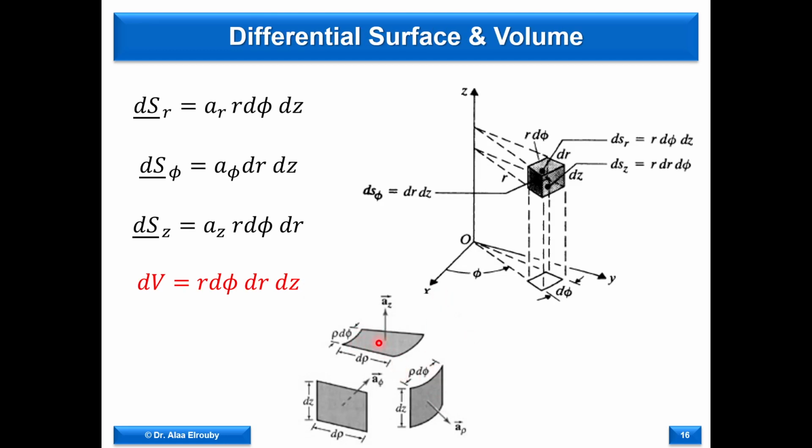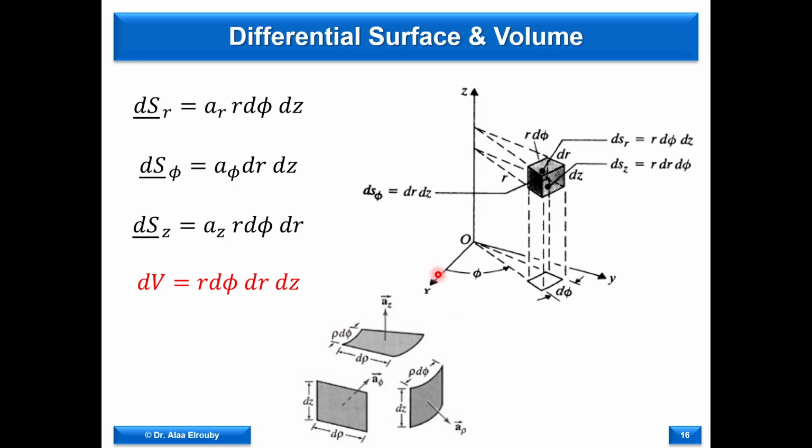If we want to describe the upper surface of this differential volume, as I said, we calculate the length of each edge and multiply the two edges. This will give us the area, and the direction is going out of the surface in the normal direction. So for this top surface, the length of this curve is r d phi, the length of this line is dr. The component for this top surface is in the positive z direction.